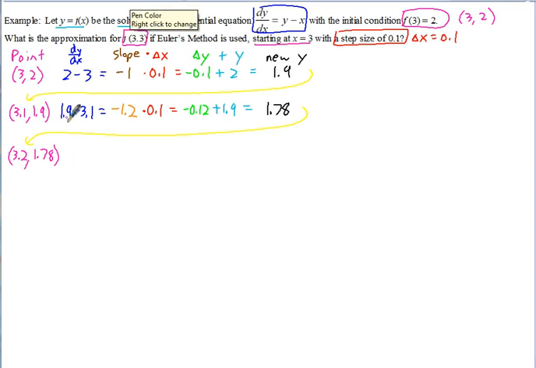Substitute that in, y minus x, so 1.78 minus 3.2 would be negative 1.42, times our step size, 0.1. Moves the decimal over one place, so it'll be negative 0.142. Plus our original y coordinate here was 1.78.